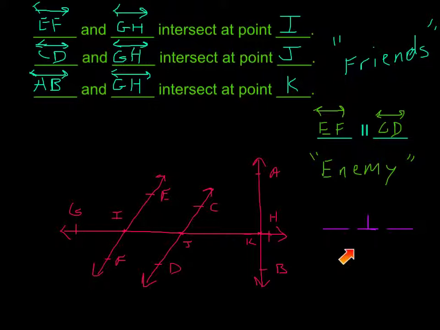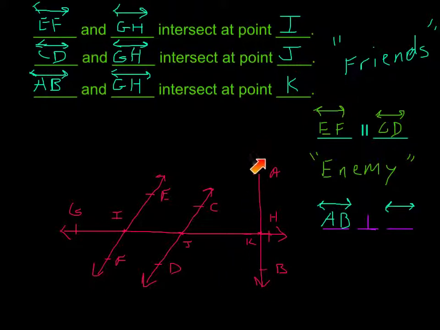So now talking about our perpendicular lines, in this case we have line AB and we have line GH, which cross and form four 90-degree angles.